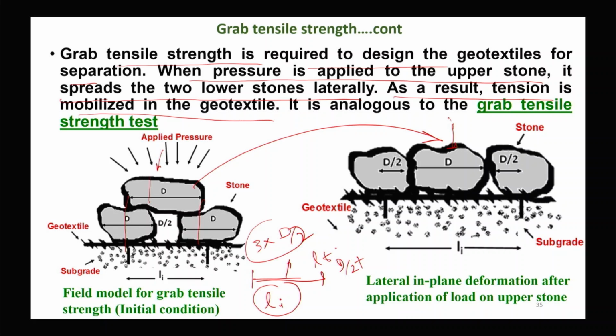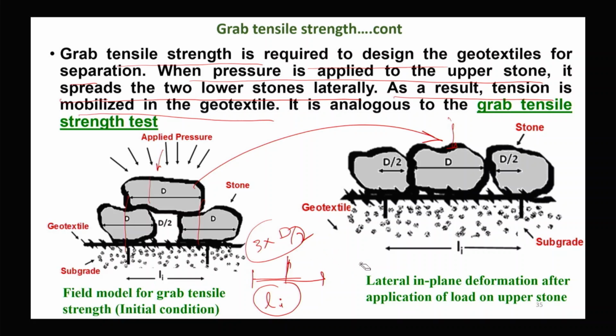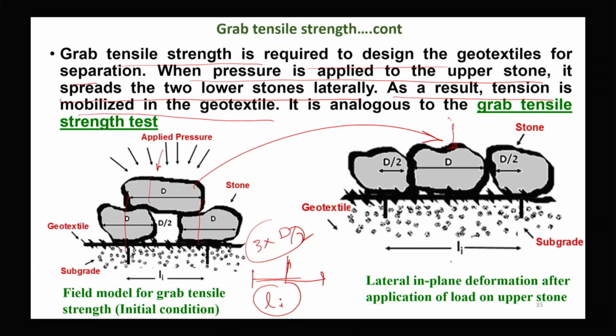So LF will be d plus d by 2 plus d by 2. The lateral deformation, the total deformation, will be LF minus Li.